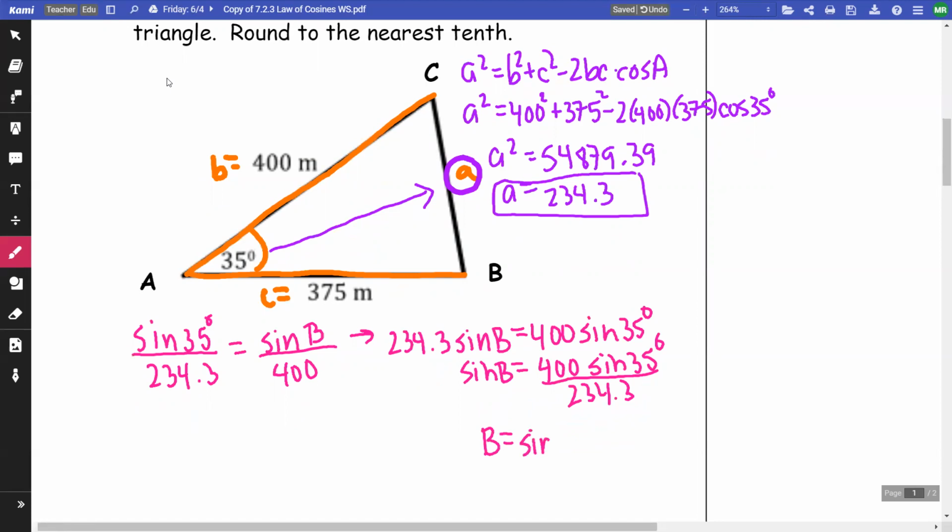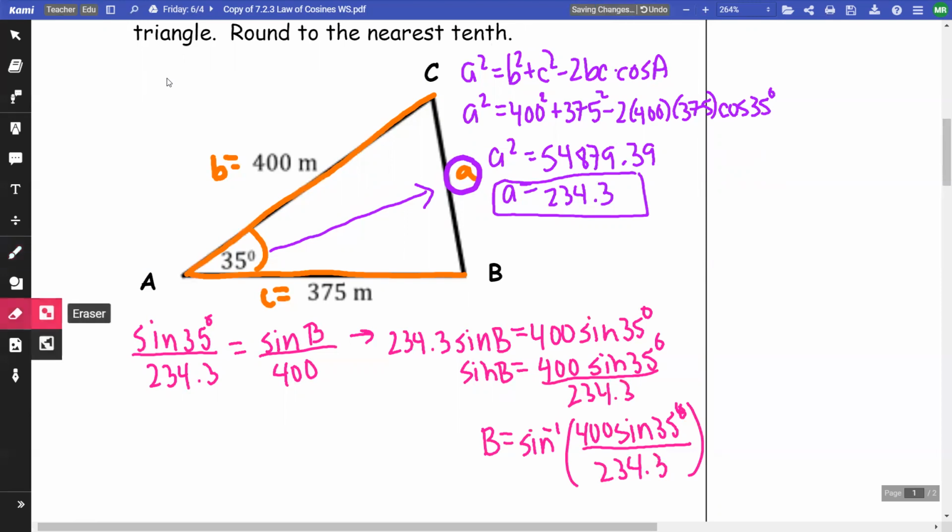I am going to do sine inverse to find the angle. So I'm going to take sine inverse of this, 400 sine of 35 degrees over 234.3. And I'm going to put that into my calculator and see what we get.